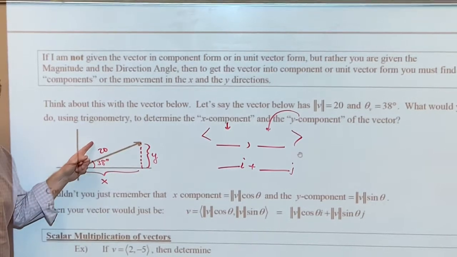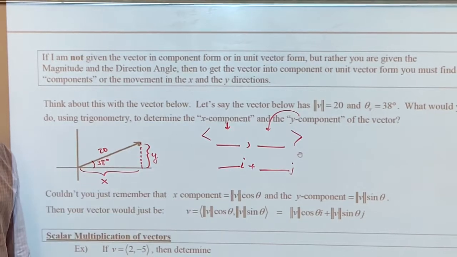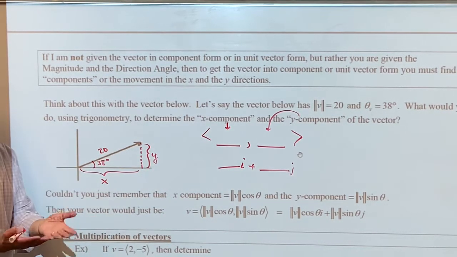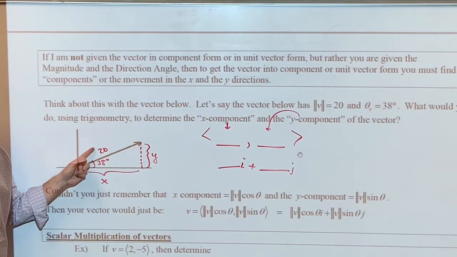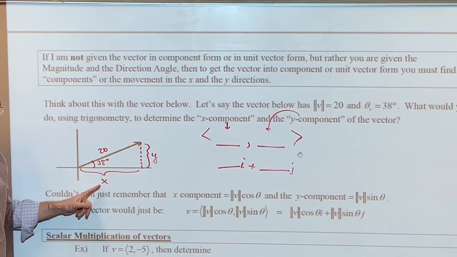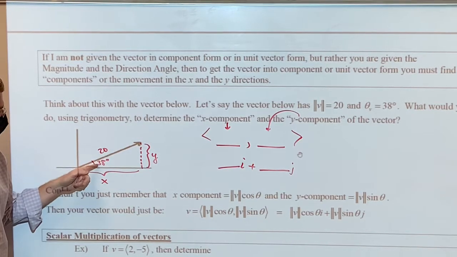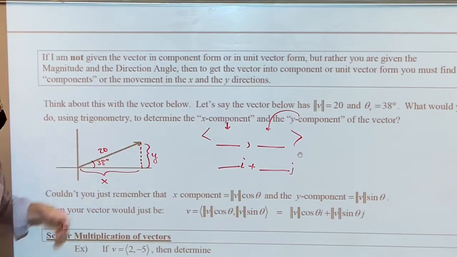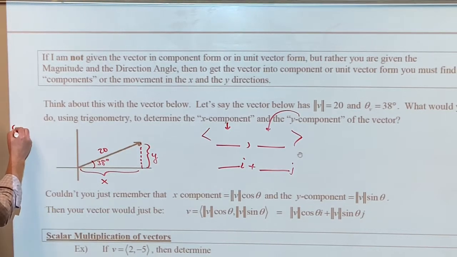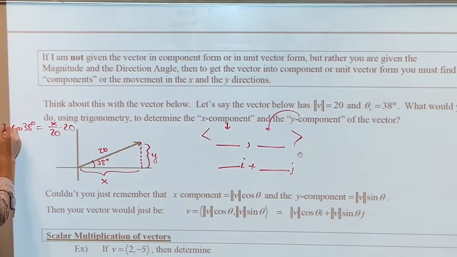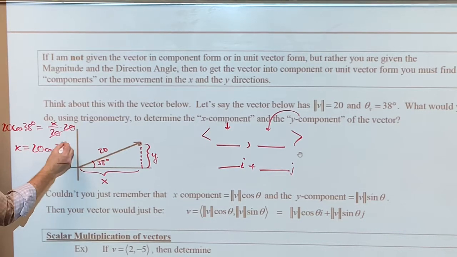Adjacent over hypotenuse. Now, I wouldn't want to use tangent, because then I'd have y and x, two variables. So I want a trig function that uses 20 and uses this angle. If I have an adjacent and a hypotenuse, or a magnitude, wouldn't I want cosine of 38 as x over 20? If cosine of 38 is x over 20, and I solve for x, can you not see that x is 20 cosine 38?